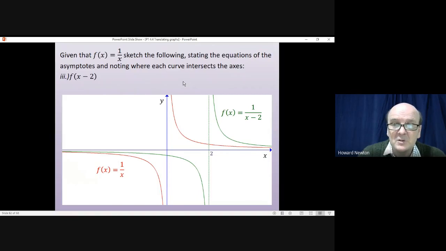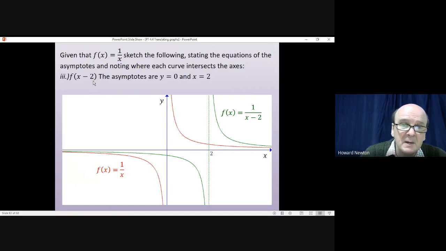So the 2 asymptotes now are y equals 0, the x-axis, and this line here, which is the line x equals 2. We need to find this crossing point here on the y-axis. Well, what is f of x minus 2? It means wherever you have x in the original function, you have to replace it with x minus 2.